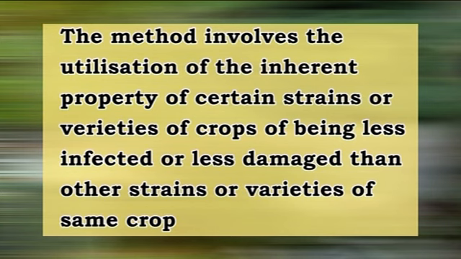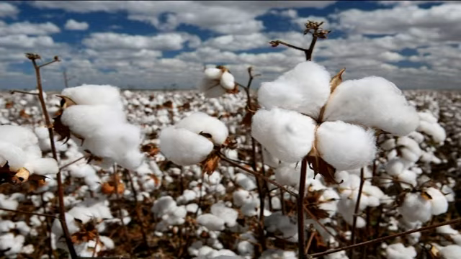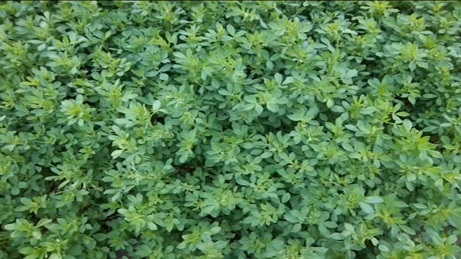The method involves the utilization of the inherent property of certain strains or varieties of crops of being less infested or less damaged than other strains or varieties of the same crop. Enormous economic benefits have been achieved by using this method in the case of crops. Example: wheat, maize, cotton, and alfalfa.